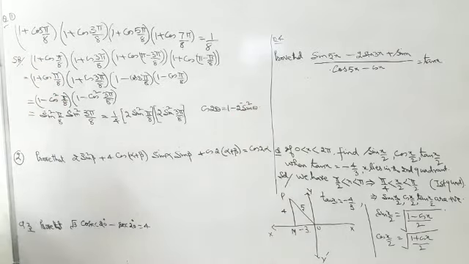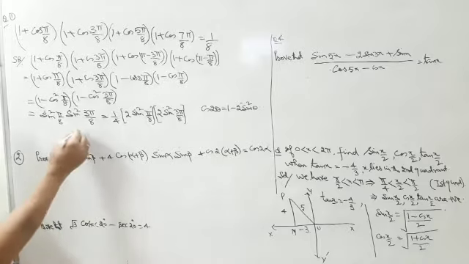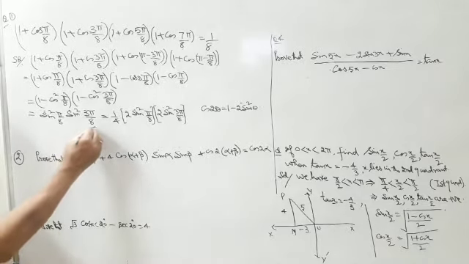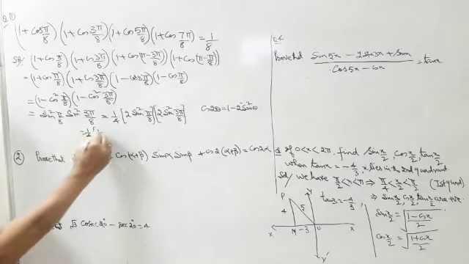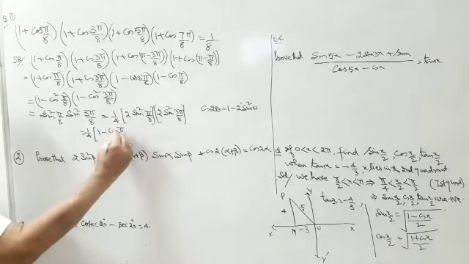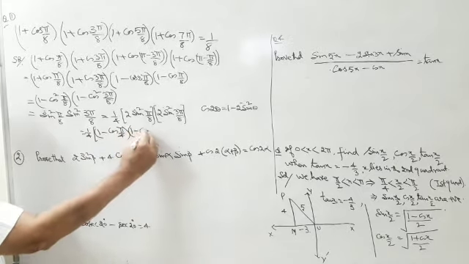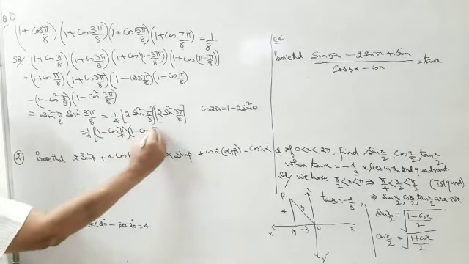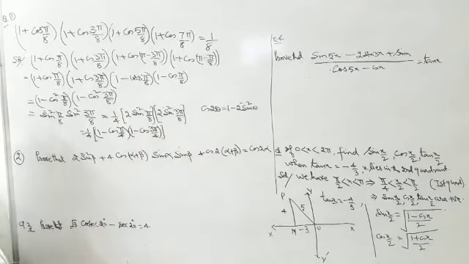So 2 sine square pi by 8 becomes 1 minus cos 2 pi by 8, that is pi by 4. Here it is 1 minus cos 3 pi by 4. Check out, cos 2 theta, 2 into 3 pi by 8 is 3 pi by 4.